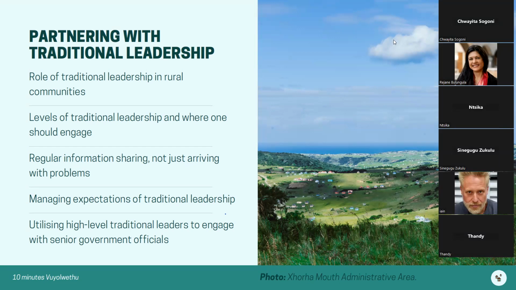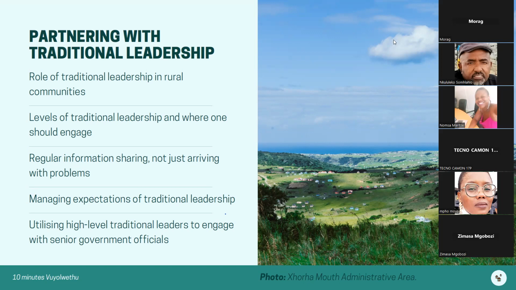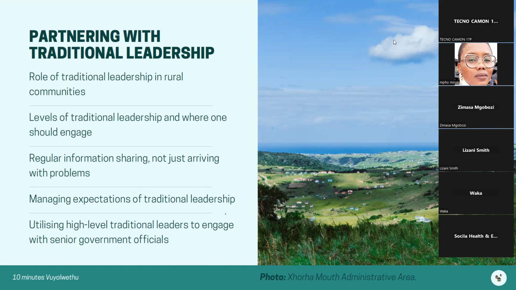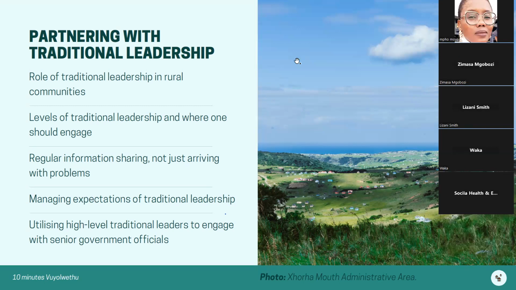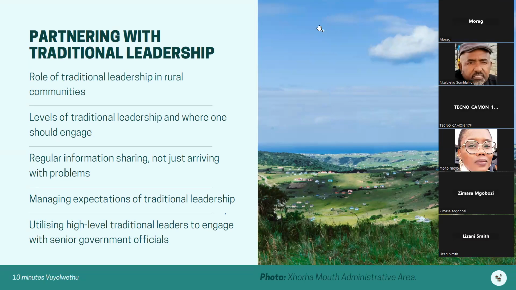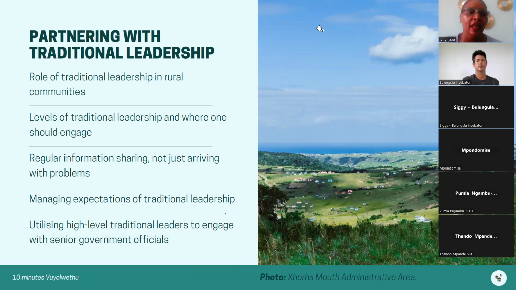Firstly, we want to talk about the role of traditional leadership in rural communities, which is quite key in terms of development, or if you are a new organization, you want to work with that particular community. Which often many organizations tend to overlook. And as we opened our slides this morning, we had said there is no them, there's only us. So the traditional leadership plays that role of integrating the us, which is the organization that has just joined the community, and the community that they are going to work with.